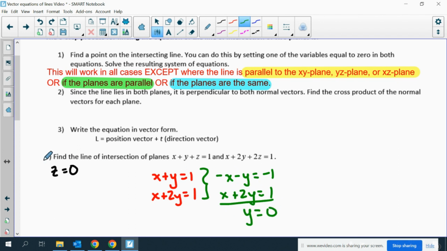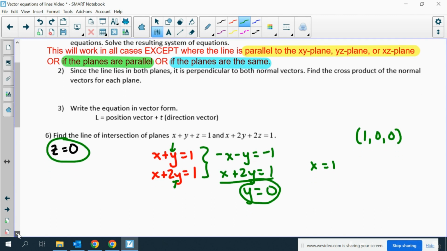This becomes 0. So we know that when z equals 0, y is also equal to 0. And if I plug that in, I get x equals 1. So there is a point that is on both planes, on the intersection, and that point is 1, 0, 0.